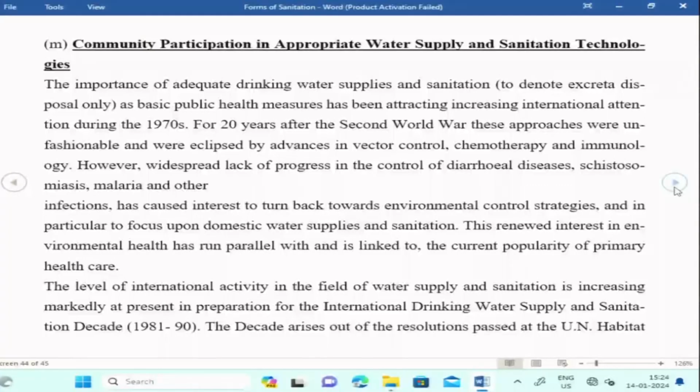The basic concern of course is the high level of international activities in the field of water supply and sanitation. The most important thing is how the International Drinking Water Supply and Sanitation Decade has to be taken into consideration. The basic idea is that community participation is going to be the thumb rule.